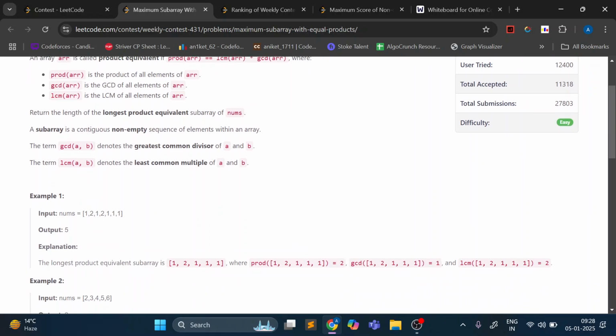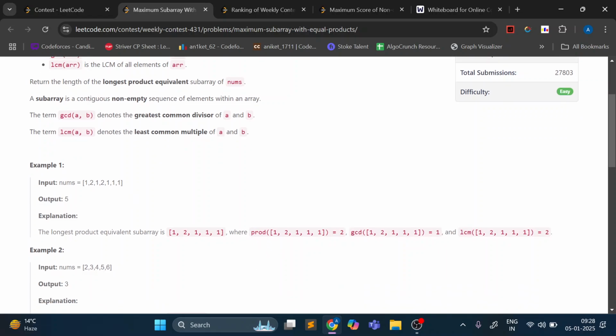So for example, in this array nums, the longest subarray can be 1 2 1 1 1. So the last five elements. The product of that is 2, GCD is 1, and LCM is 2. So GCD times LCM, 1 times 2, is 2, which is equal to the product.